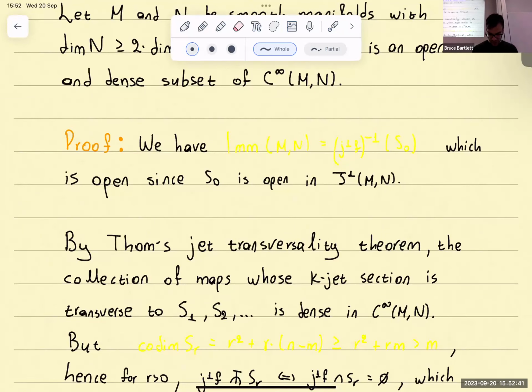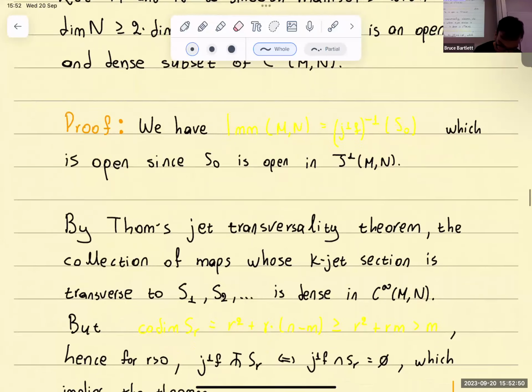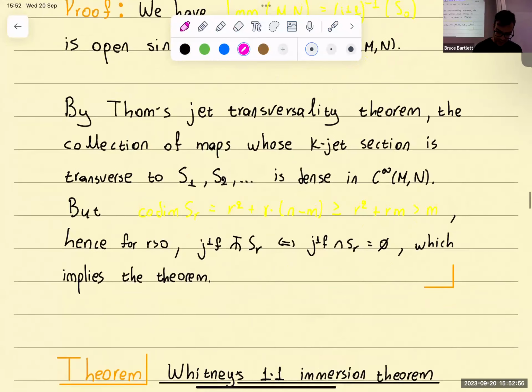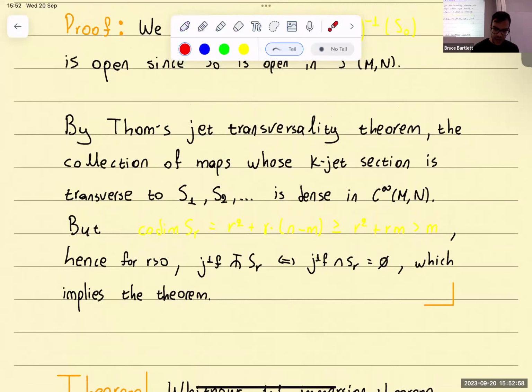What did I want to say? I don't know, forget this sentence here. I'll figure it out later, but I don't think it's needed in anything.